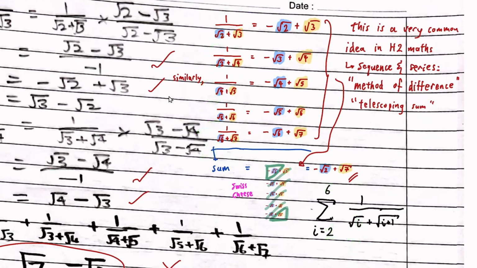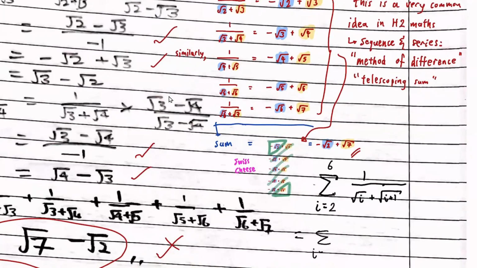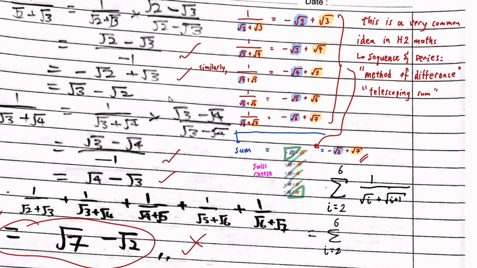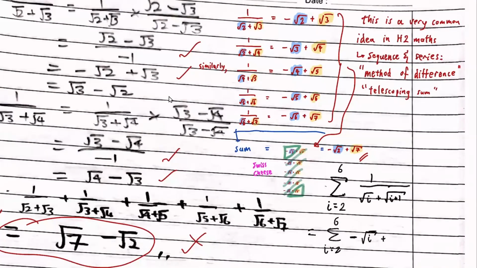It is not in A Math, only in H1 and H2 Math. The goal here is to rewrite this such that it looks like the sum of i equals 2 to 6 of a difference. So in this case, it is actually minus square root i plus square root i plus 1.